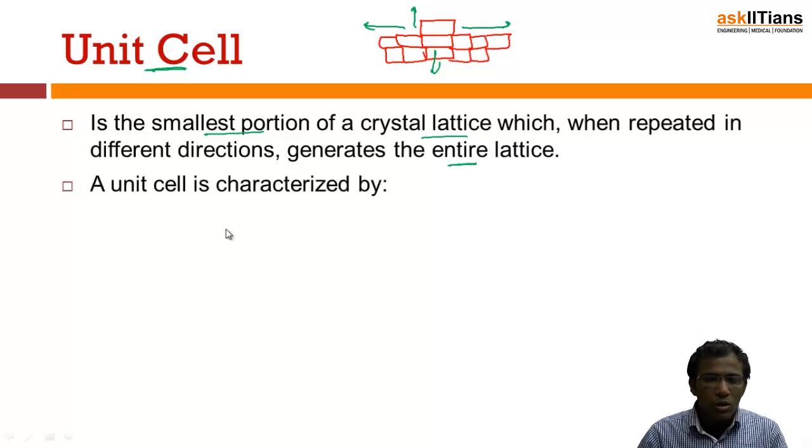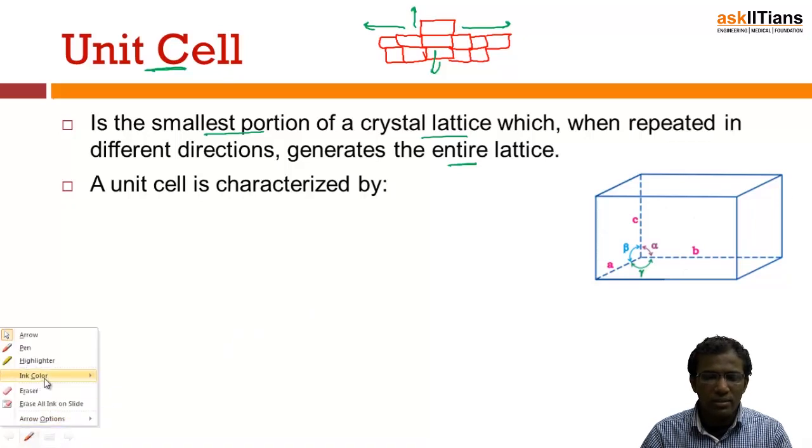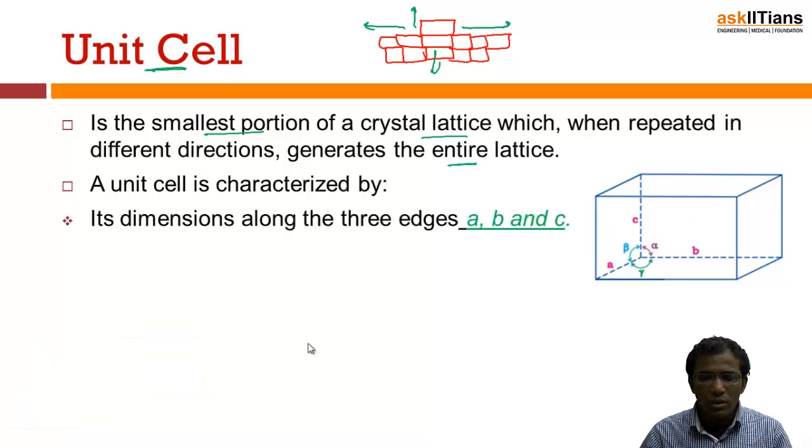A unit cell is characterized by 6 parameters. So let's see what those 6 parameters are. You can see in this figure a typical unit cell. It has 3 edges and 3 angles. It is characterized by its dimensions along 3 edges: A is one edge, B is another edge, C is the third edge.